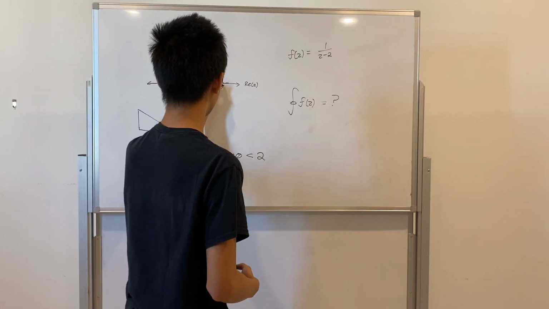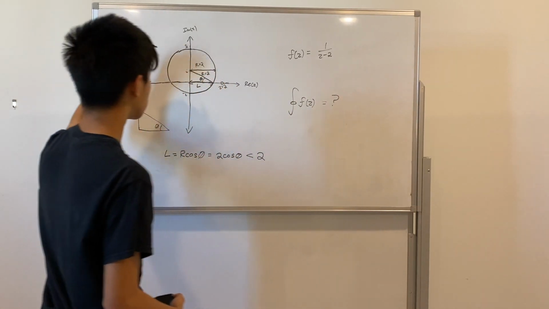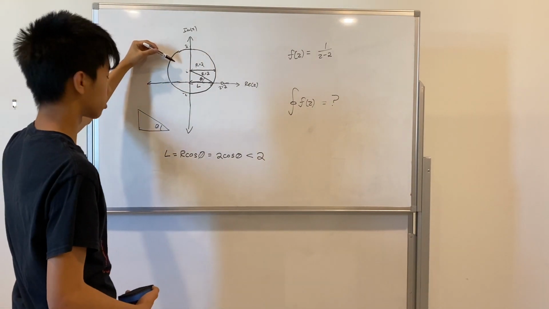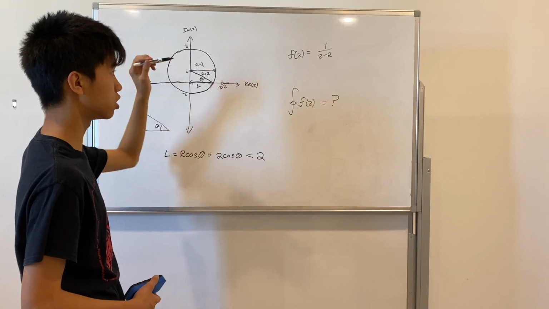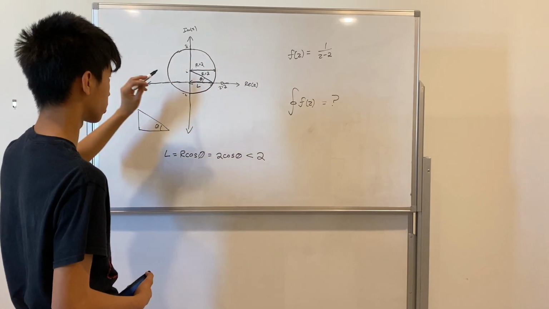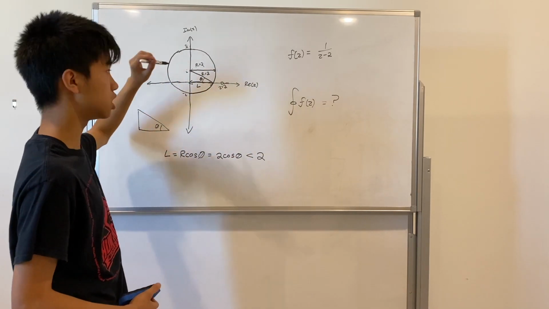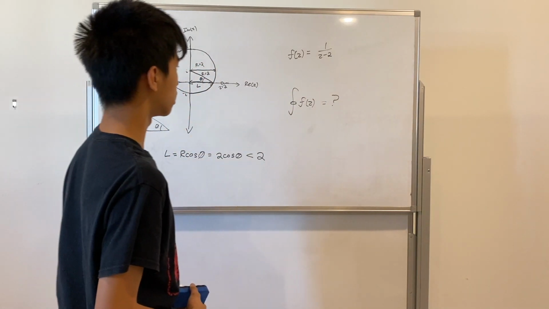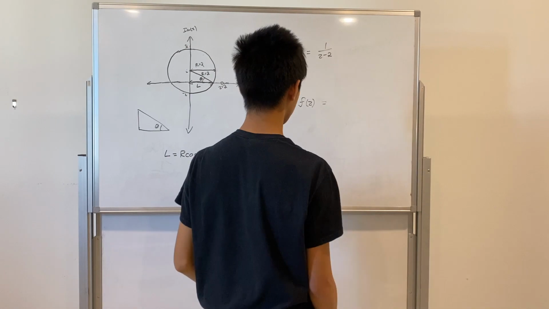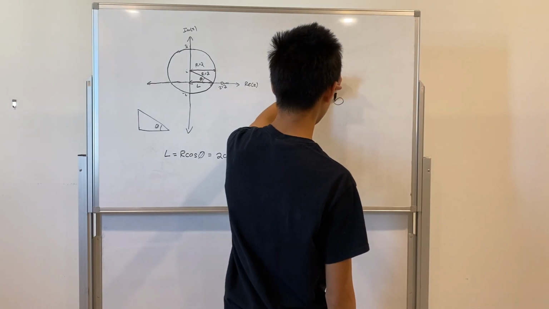Therefore, Cauchy's theorem does apply, because the only discontinuity that f of z has is outside of the circle, meaning that the domain D is analytic throughout this entire closed curve. Therefore, the closed line integral of f of z is equal to 0.